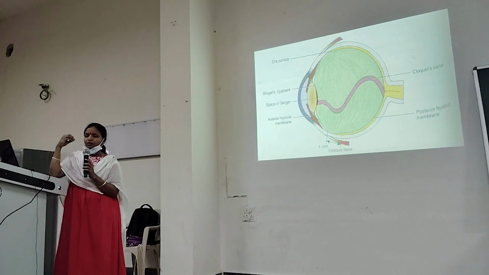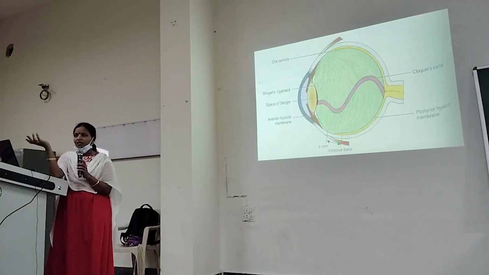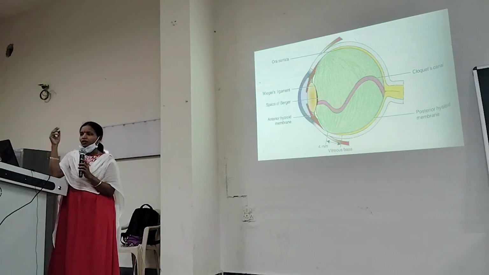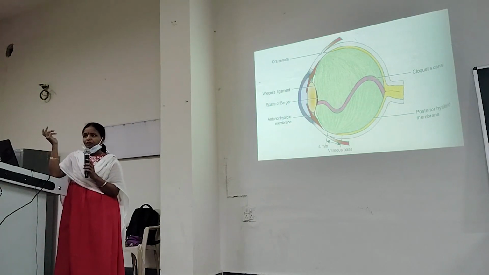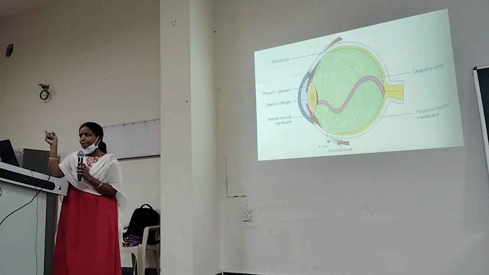They don't maintain their transparency. And once they become opaque, vision falls. Whatever may be the physical trauma, chemical injury, whatever may be the breach, always these two structures should be maintained in a transparent state.